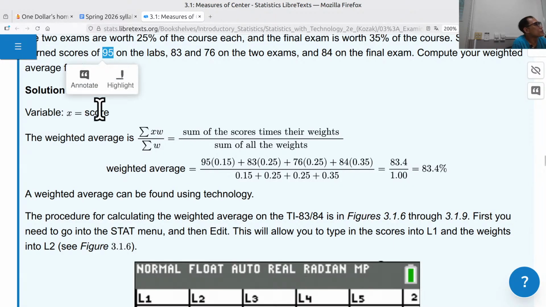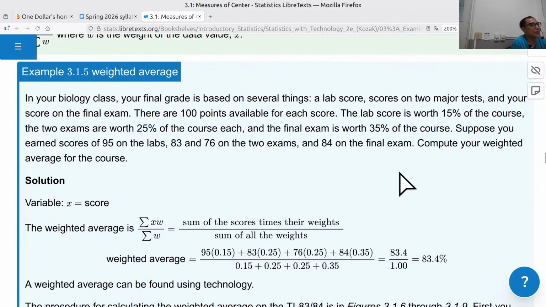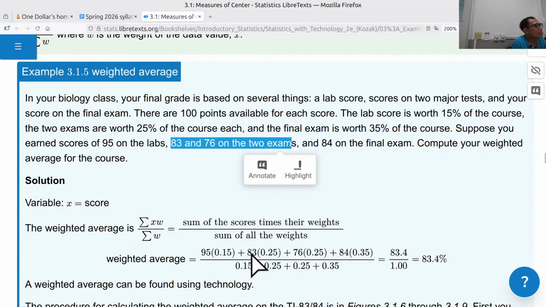The score is out of 100, but this part is worth just 15%, thus 95 multiplied by 0.15. For the 2 exams, 83 and 76, we have 83 times 0.25 and 76 times 0.25.